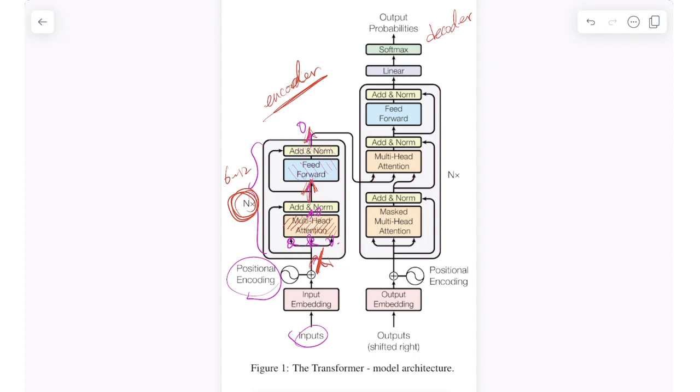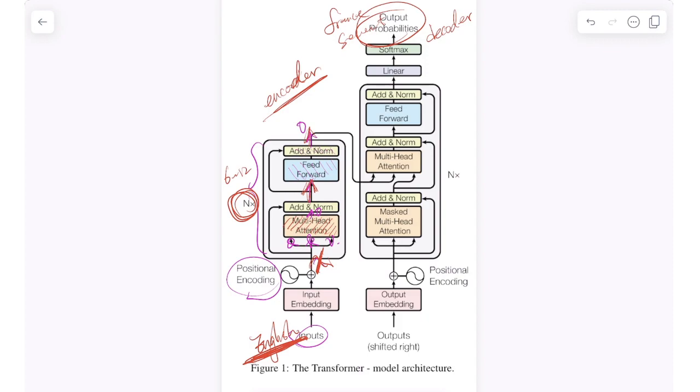Okay, so if you want to perform a close test, you can simply use the encoder. But if you want to do translation, you need to input your English sentence right here, and here is, for example, your French sentence right here.